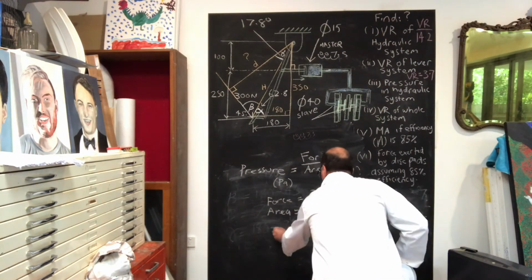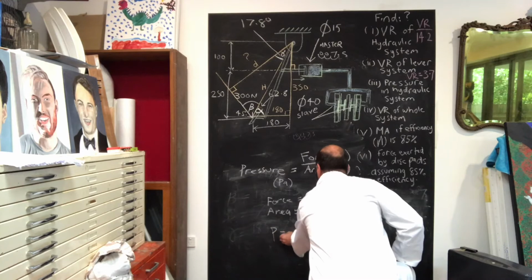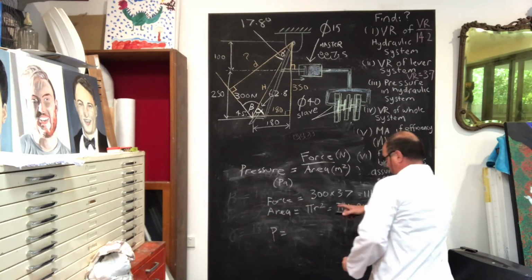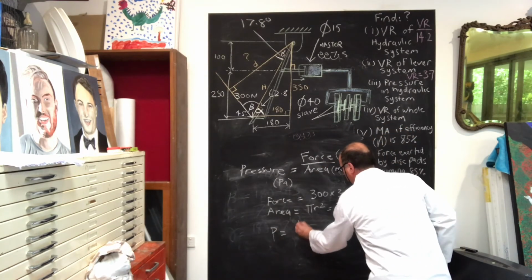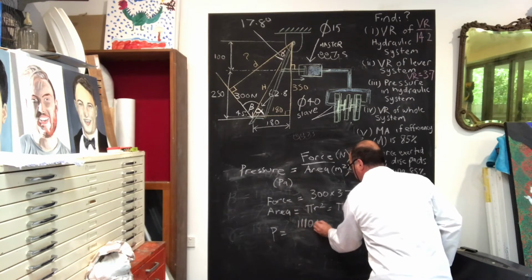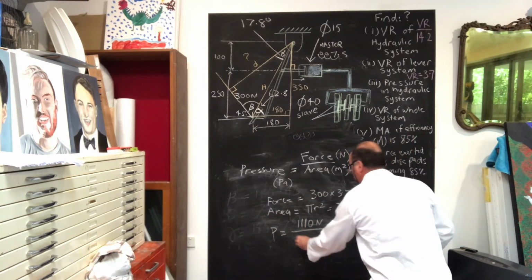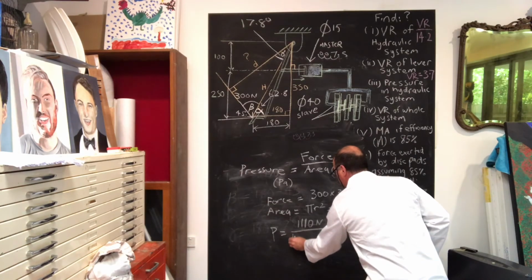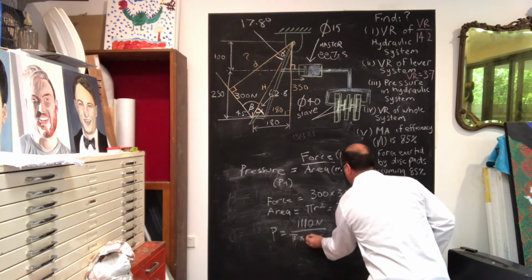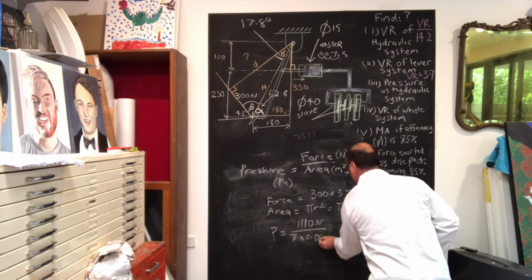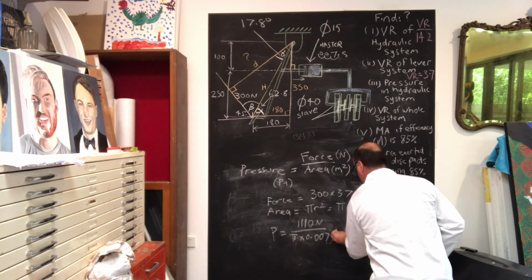So we're going to say pressure, P, is equal to our force, which we've already calculated, 1110 newtons, divided by our area, which was pi times 0.0075 squared.